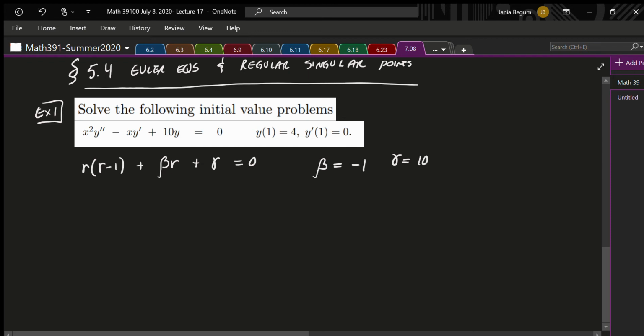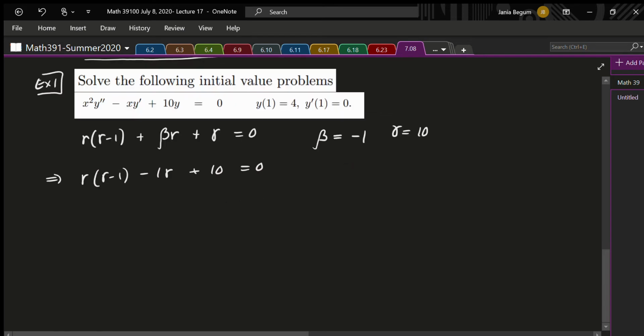Okay, so let's plug them in. We have r times r minus 1 minus 1 r plus 10 equals 0. Then we try to solve this polynomial. We get r squared minus 2r plus 10 equals 0.